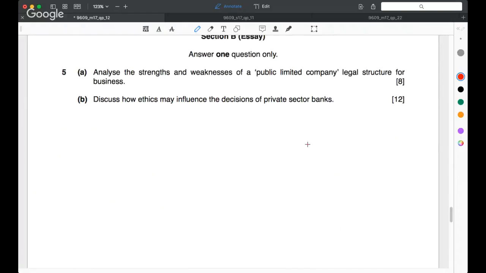Well, I assume, and if you don't know, I'm going to tell you that you know what a private sector bank is. Private banking is a bank that offers services mainly to high net worth individuals, people with lots and lots of money. They're largely related to asset management.